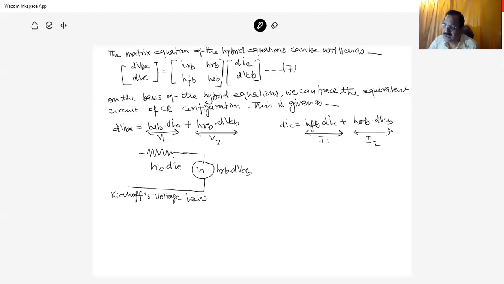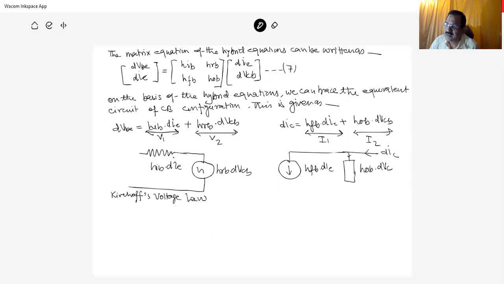So the current I1 is HFB into dIE, and here HOB into dVCB, and this is the dIC.